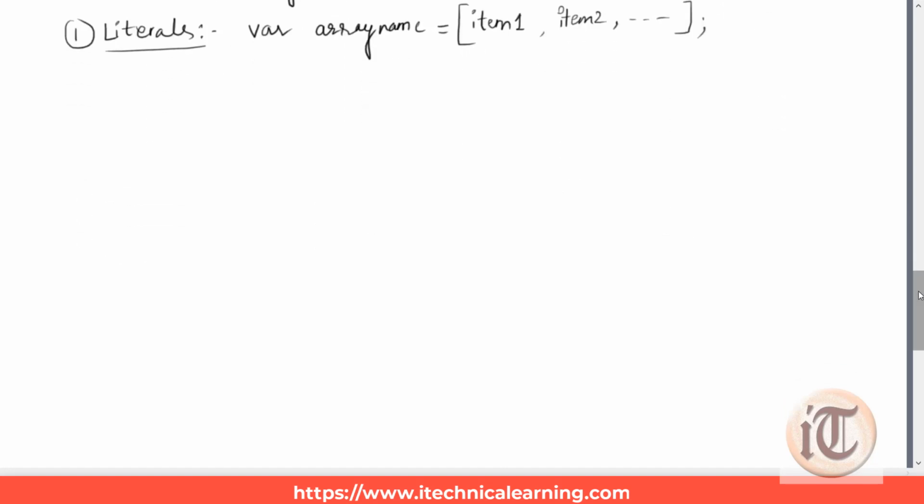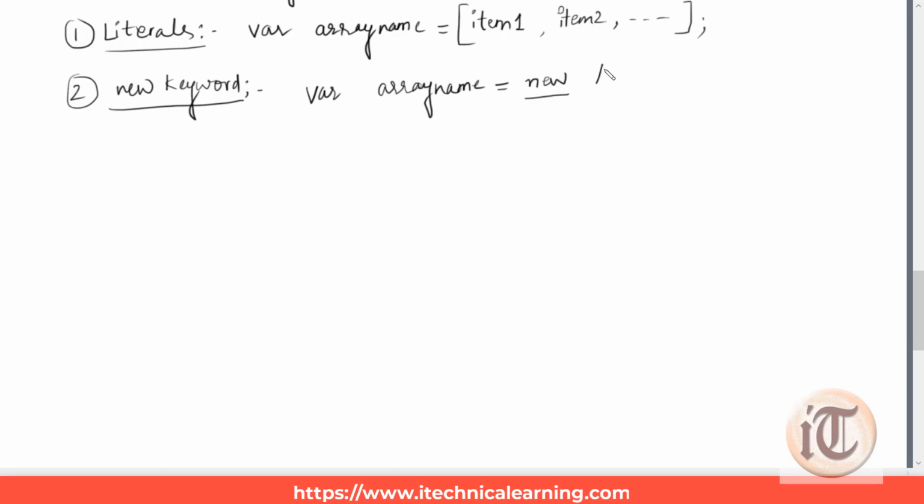Second way, using the keyword new. If I have to use the new keyword, then I'll declare a JavaScript variable something like: var, then the array name, then equals, then I'll write the new keyword, then the keyword Array, and then the collection of items, item1, item2, and so on, and then a semicolon.